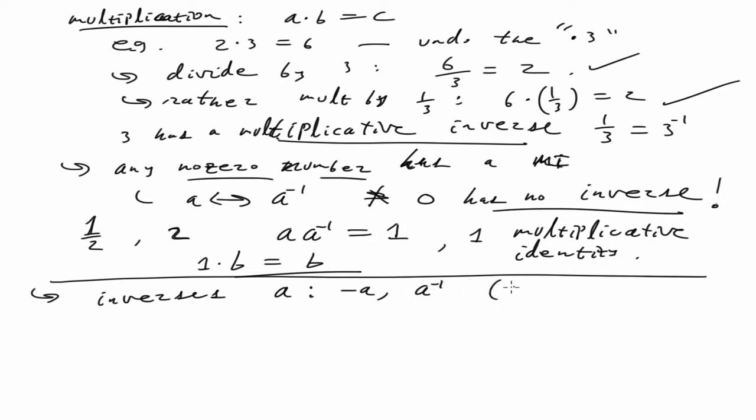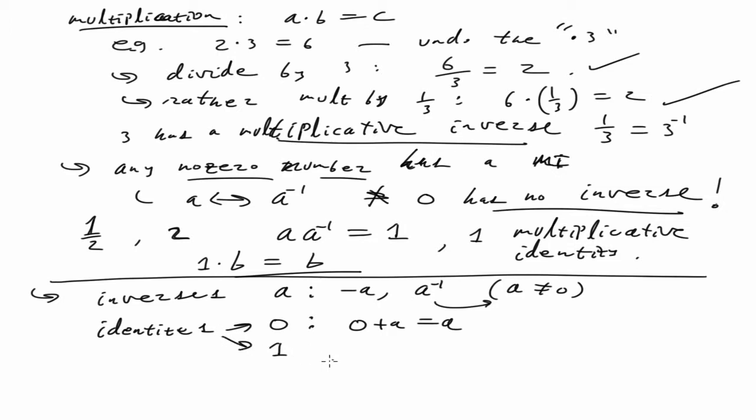Okay, and that's provided a is not equal to 0 for this one. And then we have identities. We have 0, 0 plus a, you get back out a. Of course, 1 times a, you get back out a again.